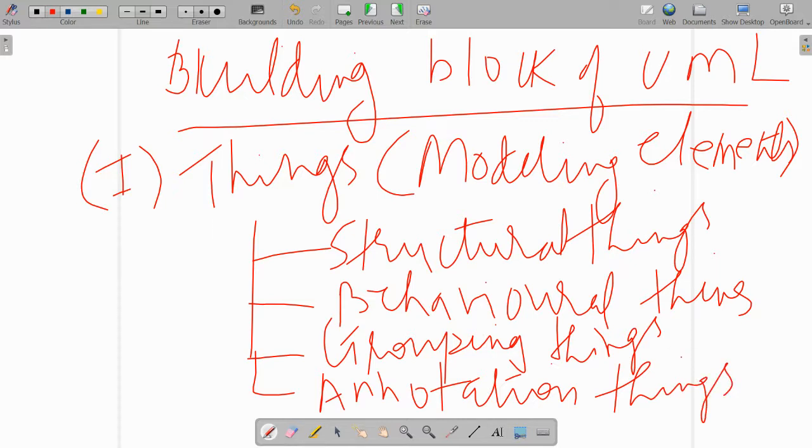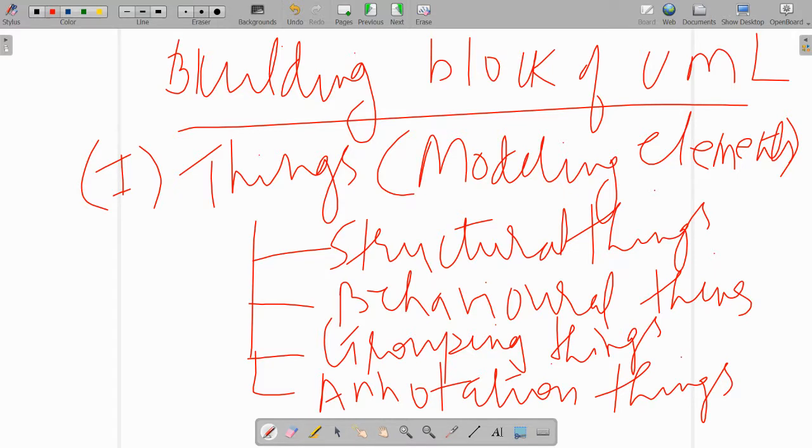Now what do you mean by things? I can relate it with the entity. You know the different entities: the entity can be student, faculty, employee, or department. These entities we have studied can be called things in UML. You can correlate entities with things in UML.